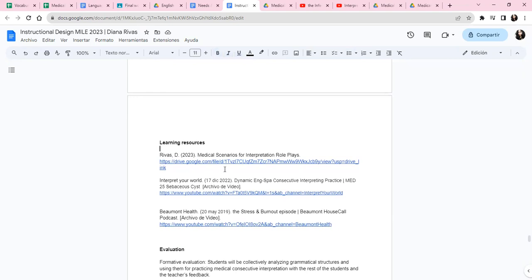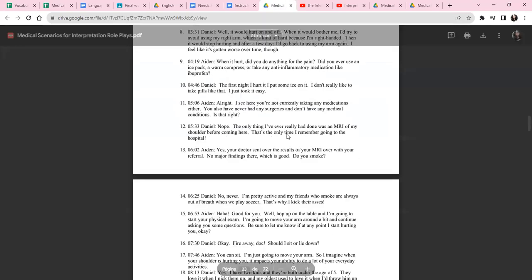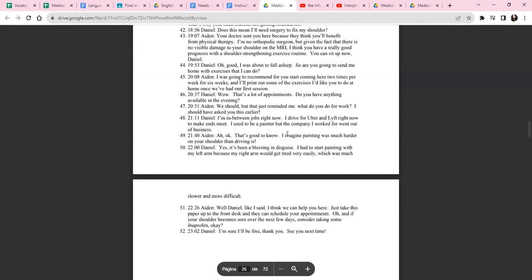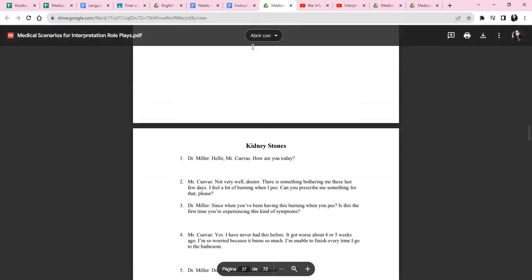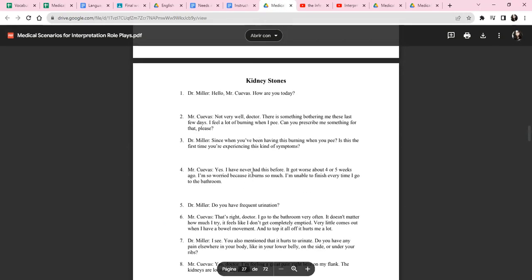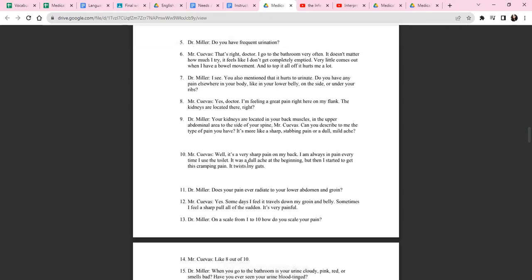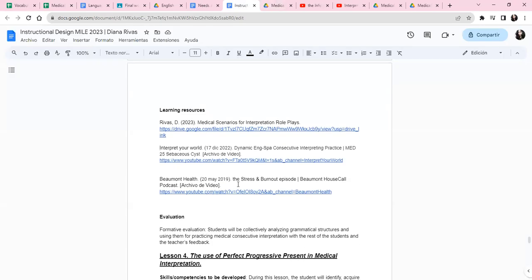We're going to have our guide of medical scenarios for interpretation. We're going to keep using these wonderful lists I was happy to gather for this course, and using every sentence we see that would be focusing on that specific tense, in this case the present perfect tense.